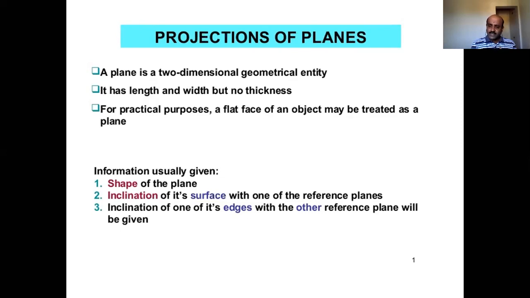Any one of these shapes will be given, and then their inclination with respect to the reference planes, how it is inclined, and the inclination of one of its edges: surface inclination and edge inclination. Those two things will be given, and taking that data, we need to project the planes with different orientations in the form of a front view as well as the top view.